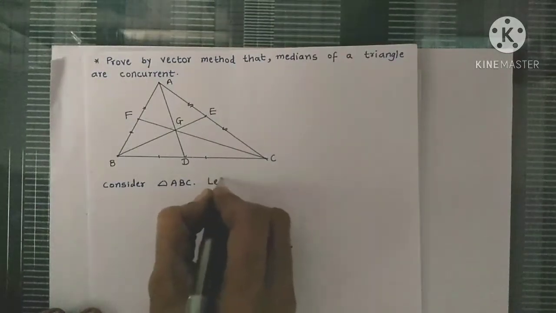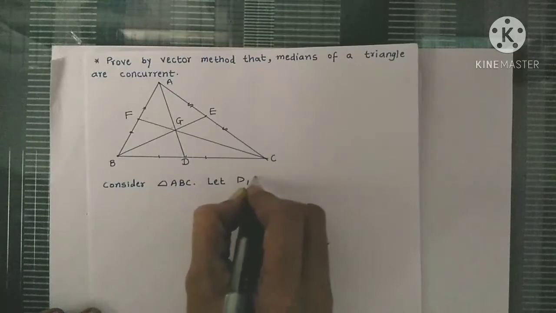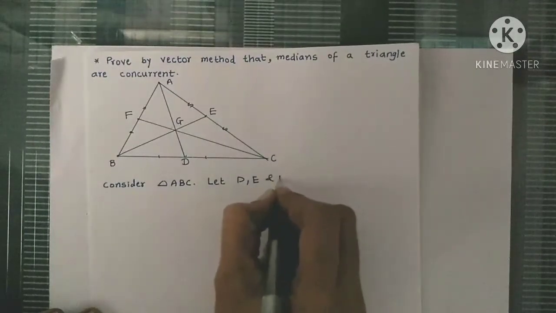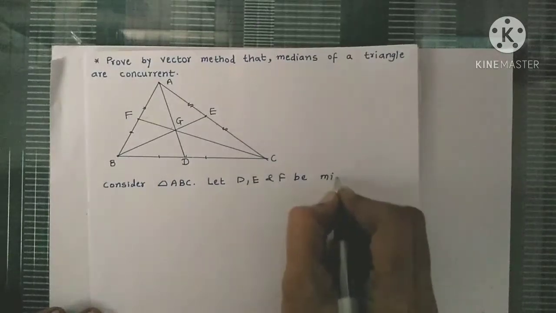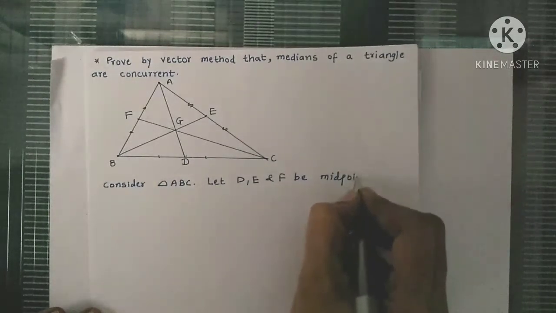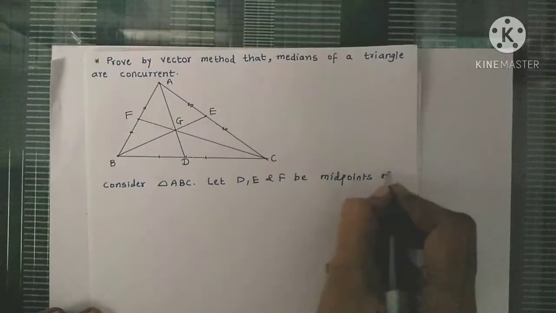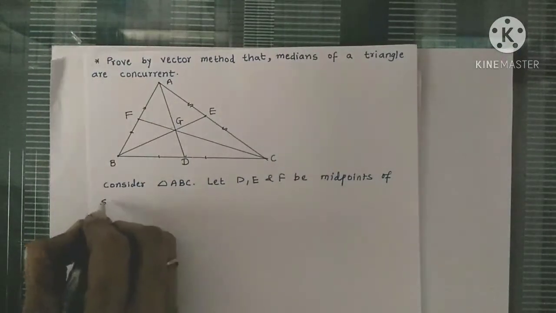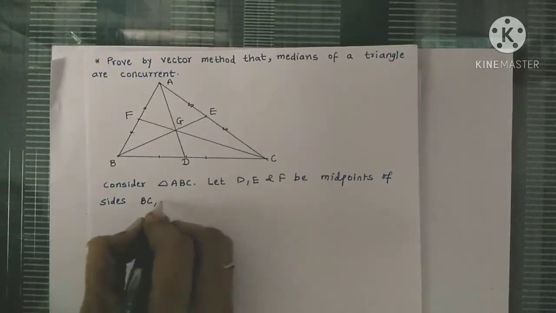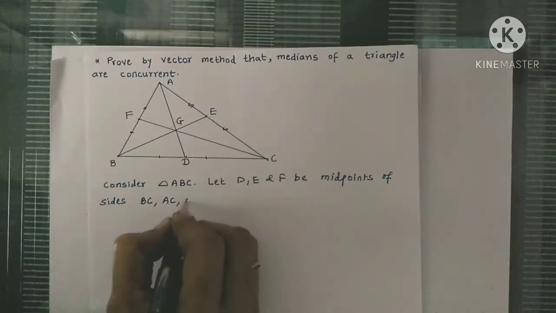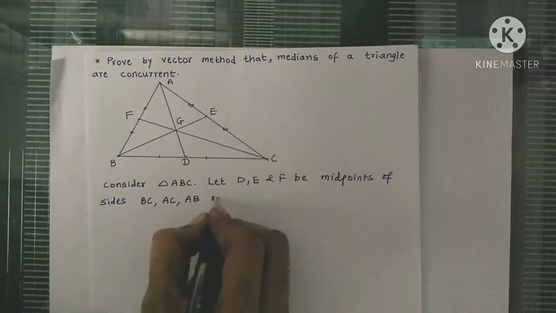Let D, E and F be midpoints of sides BC, AC, AB respectively.